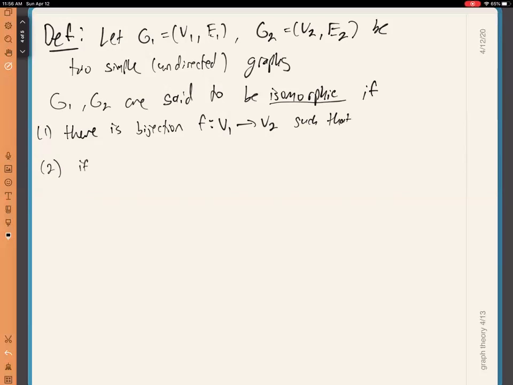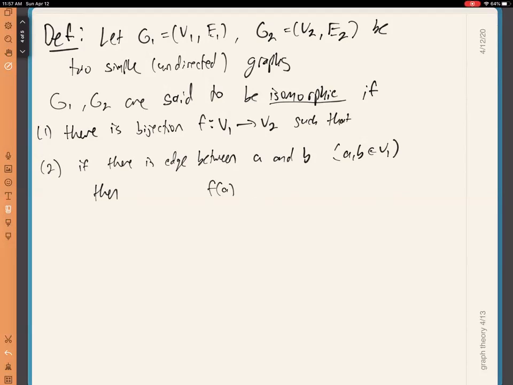So if there's an edge between A and B, where say A and B are two vertices in V1, then f of A is some vertex in G2, and f of B is also some vertex in G2.